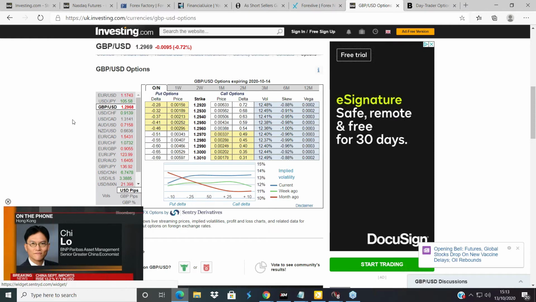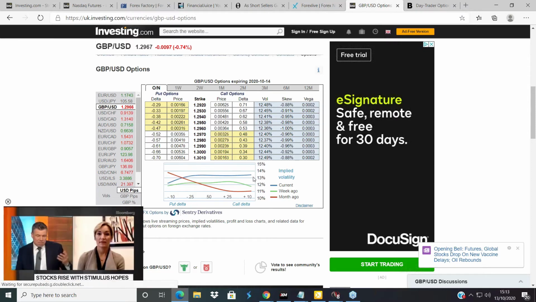So you look at what the options market is anticipating, and the implied volatility is up at 13 to 14, which is not excessive, but compare it to where it was a week ago, it is obviously elevated. That tells you the market is anticipating more volatility.